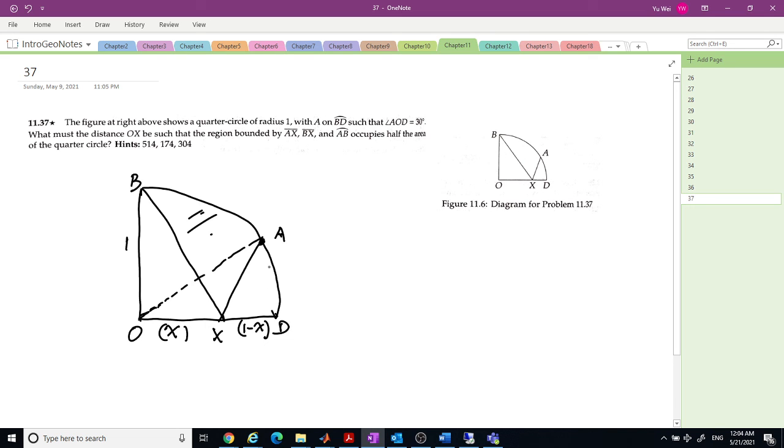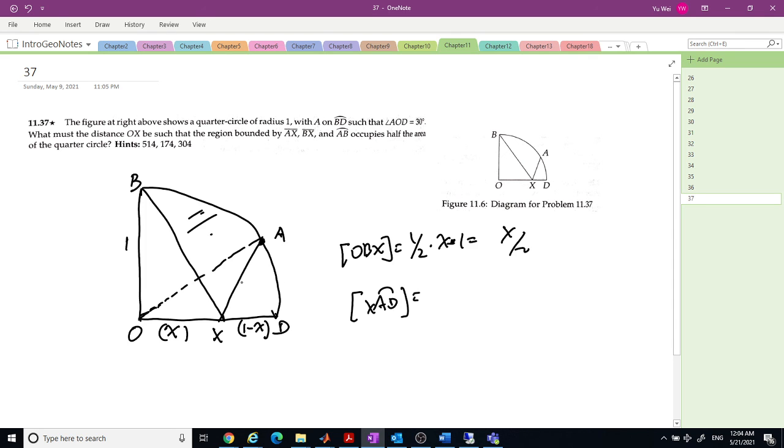Okay. So now you can see, in order to solve the area of OBX, this is a triangle, right? It's half of x times 1. So it is x over 2. Then we can solve the other thing, which is how to solve the XAD arc, right?